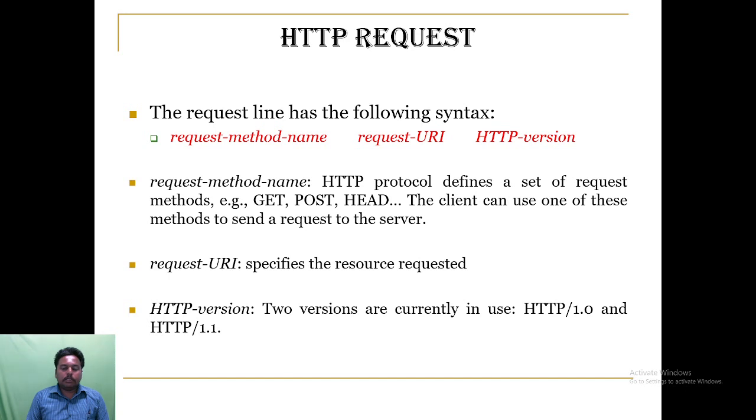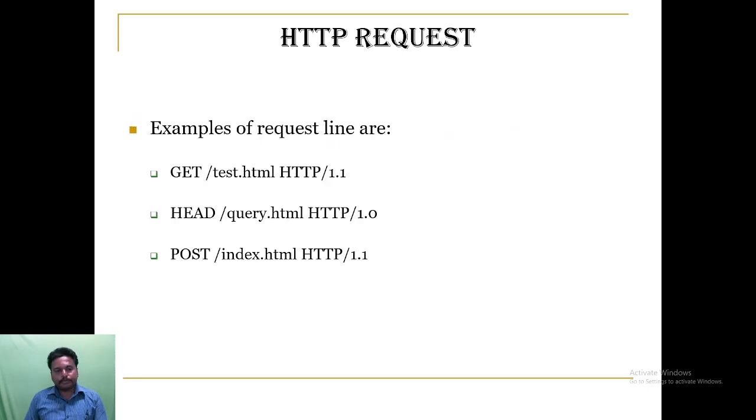The request method name: the HTTP protocol defines a set of request methods, for example GET, POST, and HEAD. The client can use one of these methods to send a request to the server. The request URI specifies the resource requested. Two HTTP versions are currently in use, 1.0 and 1.1.